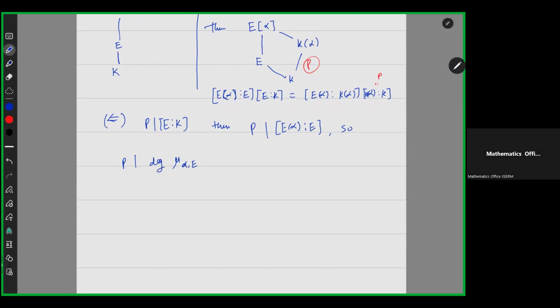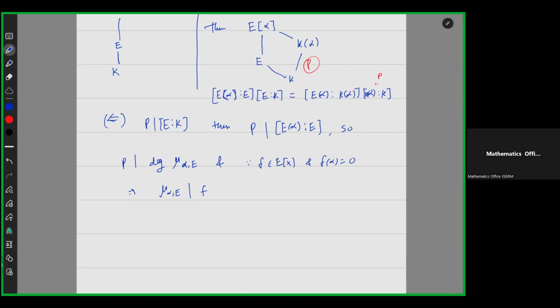What else do we have here? Since F belongs to E[x] and F of alpha is equal to 0, this implies mu alpha E, which is the minimal irreducible polynomial over E of alpha, will divide F, because F is satisfied by alpha and mu alpha is the minimal polynomial.